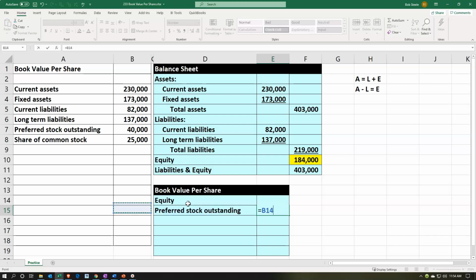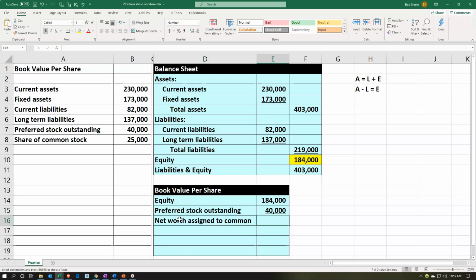So we'd say, all right, minus these preferred stock folks, and preferred stock might not be there all the time. It muddies the water for some of these calculations when it is. That gives us the net worth assigned to the common stock, subtracting these two out. So now we have the net worth to the common stock.